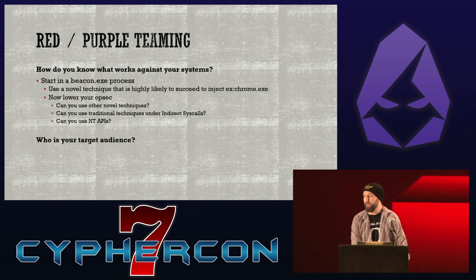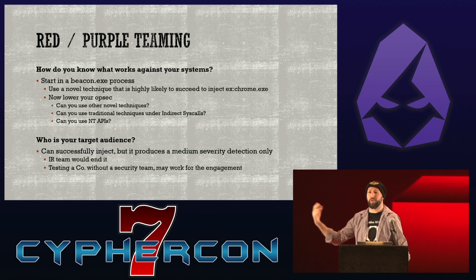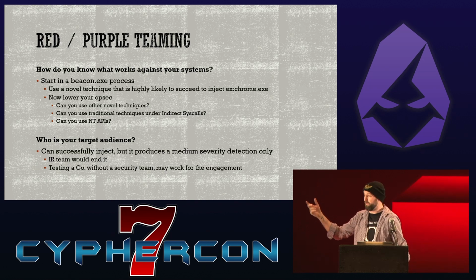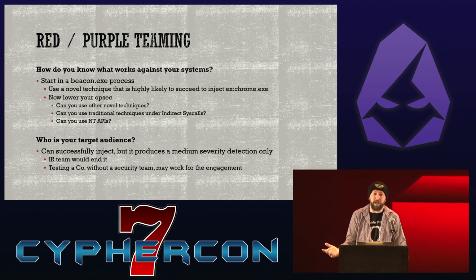The other thing to consider is who your target audience is, right? Because I might have methods that work against, say, Defender for Endpoint. And then as I lower that OPSEC, they maybe still work. I still get a beacon, but now the dashboard shows a detection. For example, medium severity detection is what it'll show you for some of your traditional primitives using indirect syscalls. You'll still get a beacon back, right?